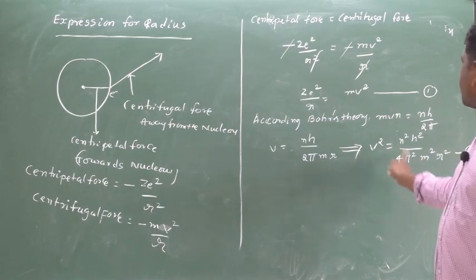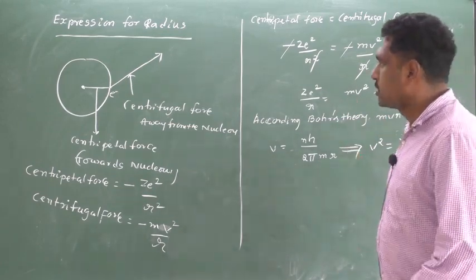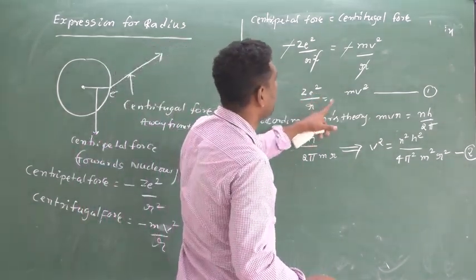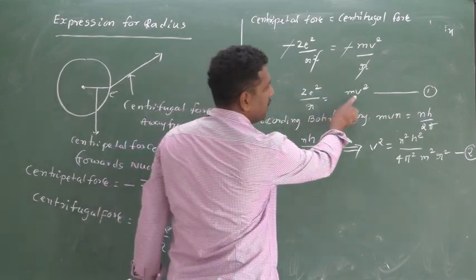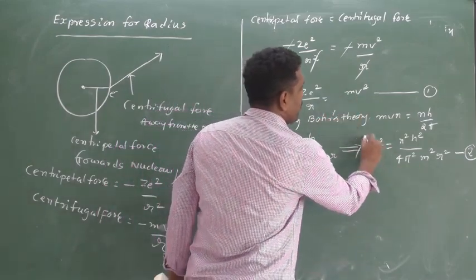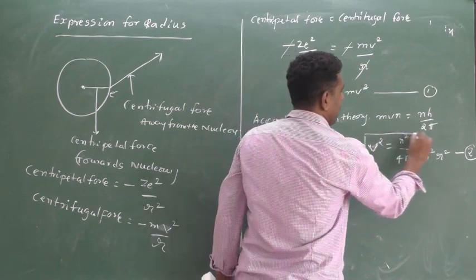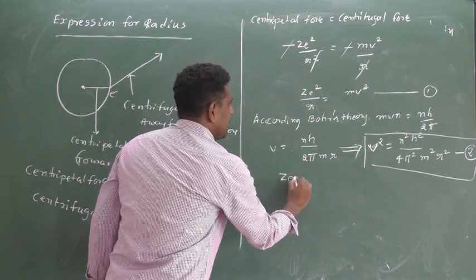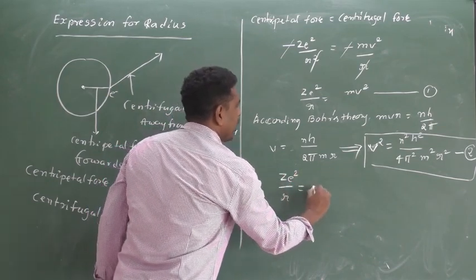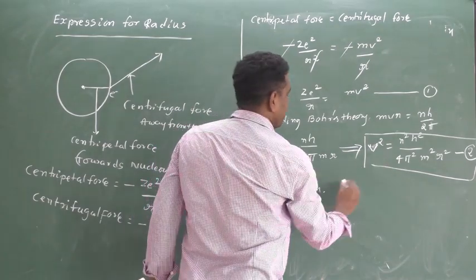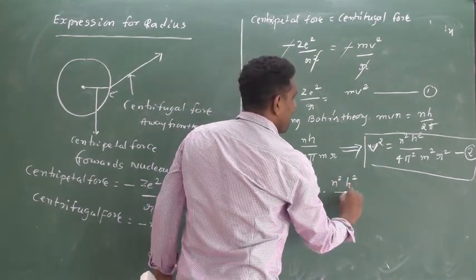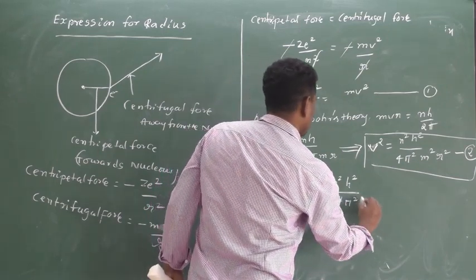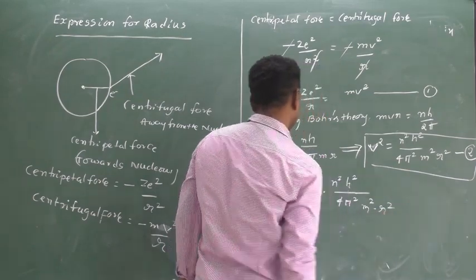You have to substitute this in equation 1. After substituting, Ze square by R equals m into v square, where v square is n square h square by 4 pi square m square r square.